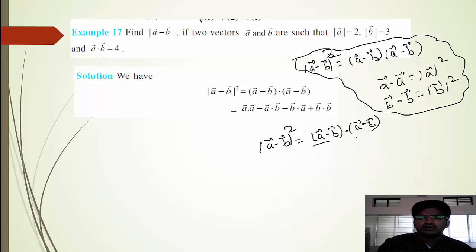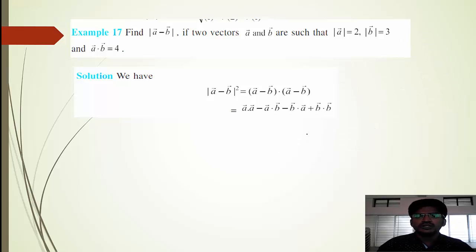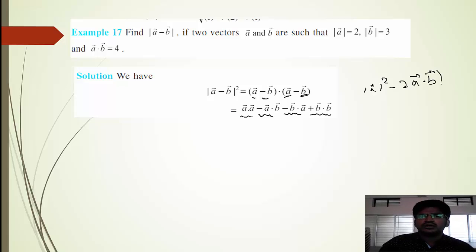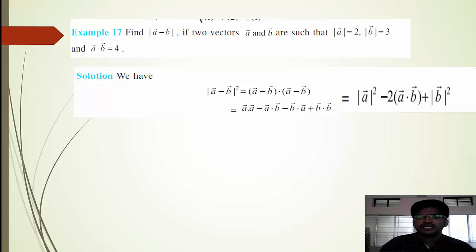If I make the dot product here, it is vector A dot vector A minus vector A dot vector B minus vector B dot vector A plus vector B dot vector B. So this is mod of vector A square minus 2 times vector A dot vector B plus mod of vector B square. Clear? Okay.